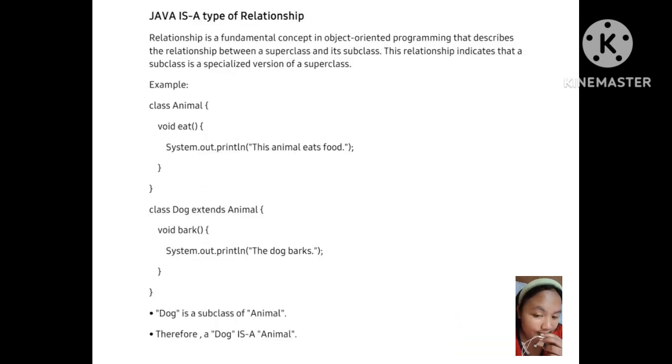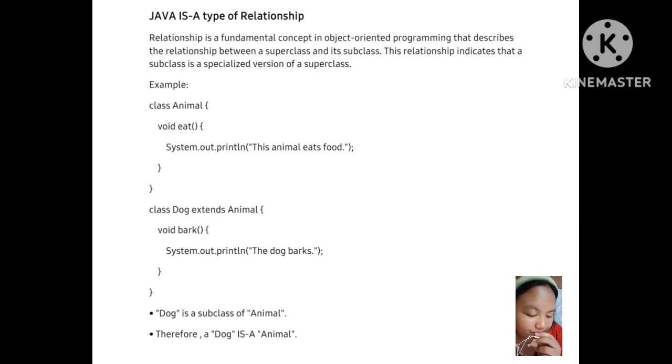So, this is the last and final topic that I discuss: the is-a type of relationship in Java. The is-a relationship is a fundamental concept in OOP that describes the relationship between a superclass and its subclass. It indicates that a subclass is a specialized version of a superclass.